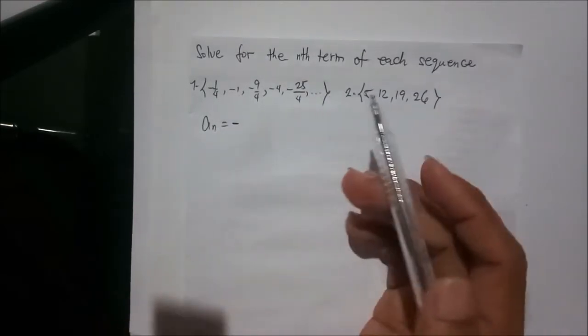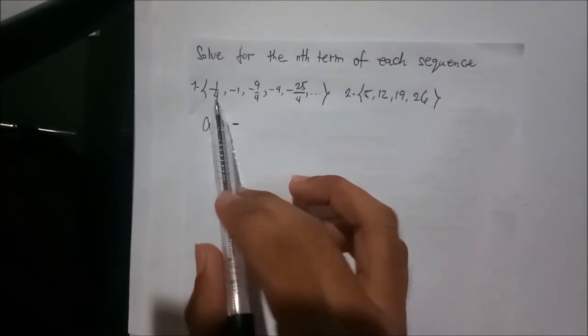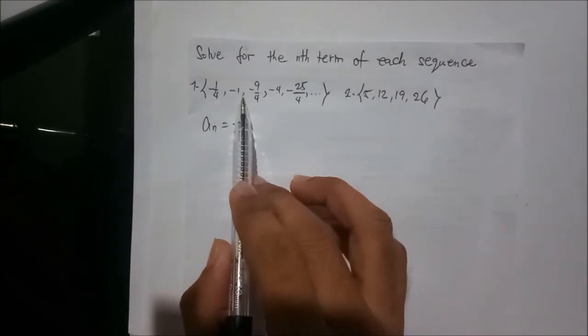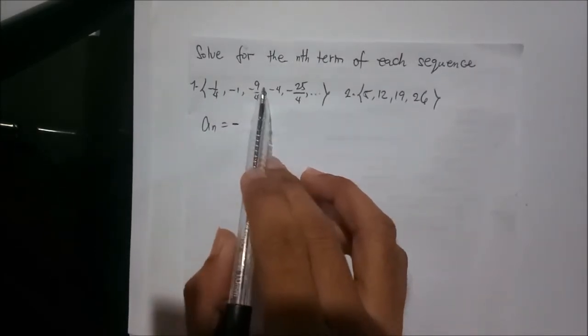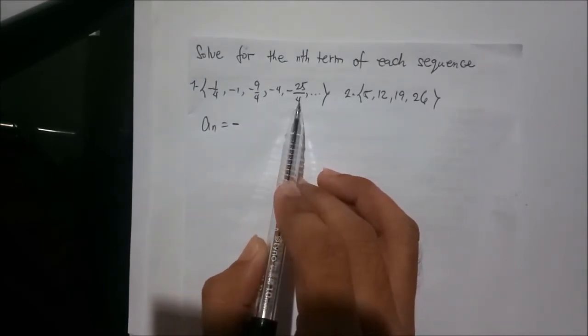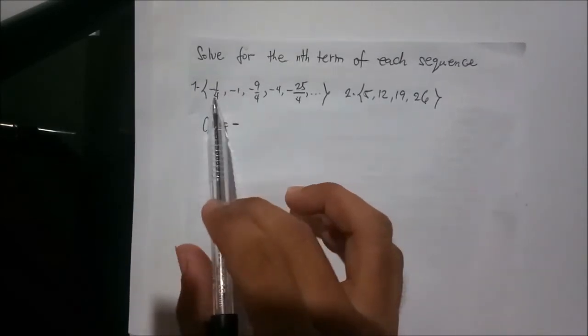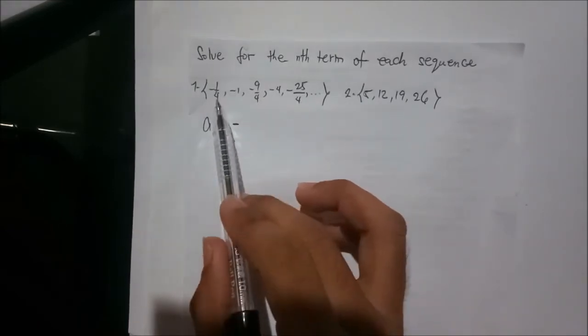So now identify the fraction. The sequence has fractions and a whole number. The fractions here are negative 1/4, negative 9/4, and negative 25/4. So the fractions have a denominator of 4.